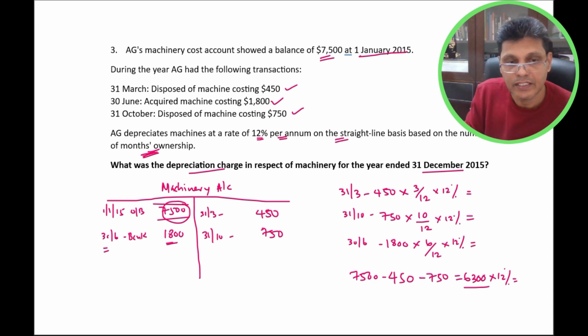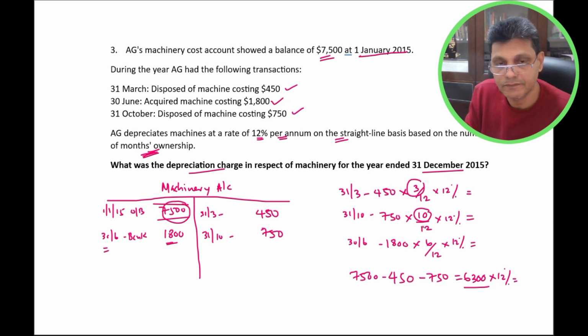Okay, so basically this 450 we need to depreciate for 3 months, because this particular asset was sold on 31st March 2015. So therefore this was held only for 3 months. Then subsequently on 31st October 750 worth of assets were sold, and therefore these assets were held in the company for 10 months. So therefore 10 months depreciation has to be charged.